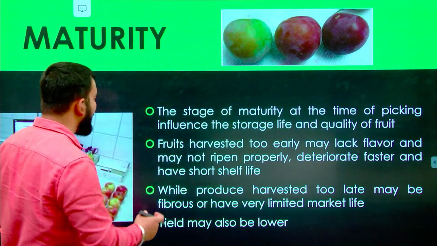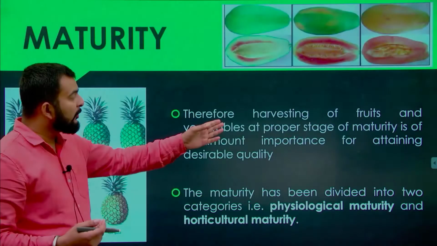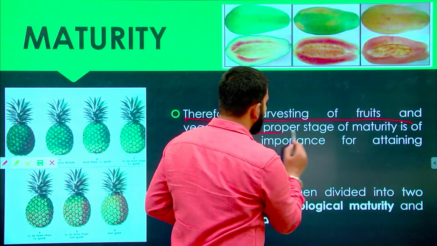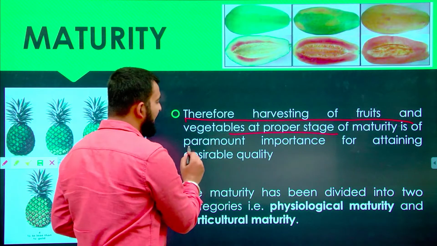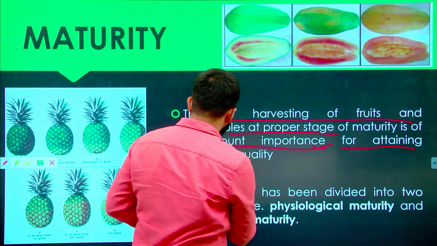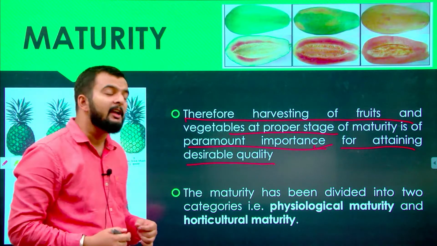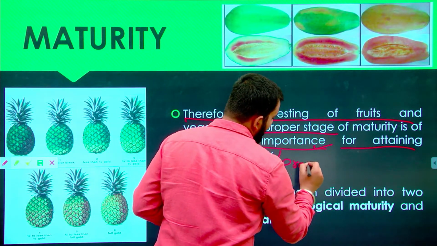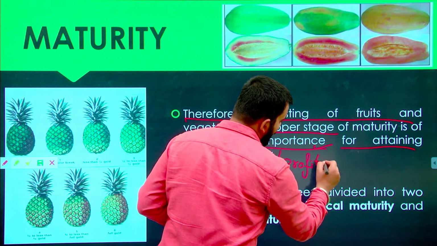Next we see, therefore, the harvesting of fruits and vegetables at the proper stage of maturity is of paramount importance. Why is it so? For attaining desirable quality. See, not only quality but also profits and shelf life.